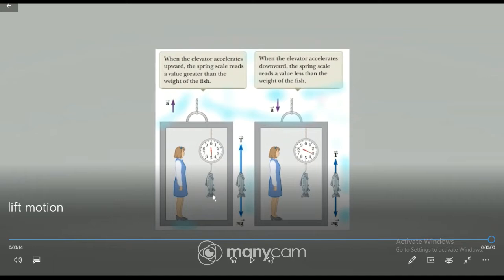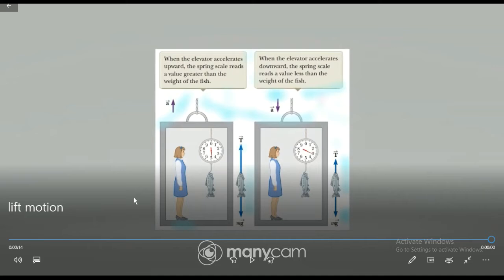And when you are moving upstairs in your lift, you can read the weight of this fish within the lift. Is there any difference between your reading on the floor and in the lift which is moving up?